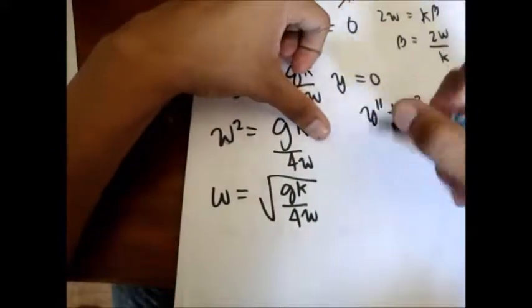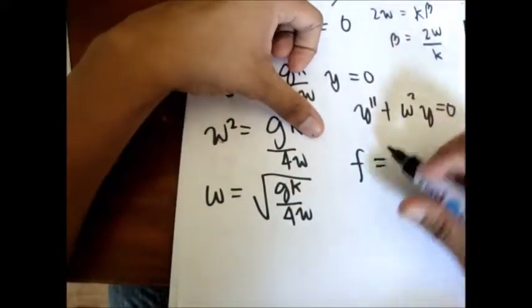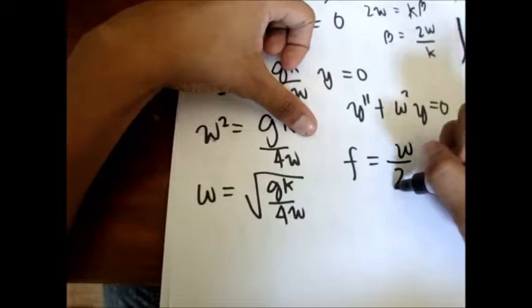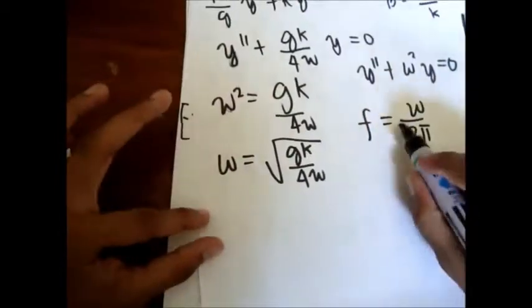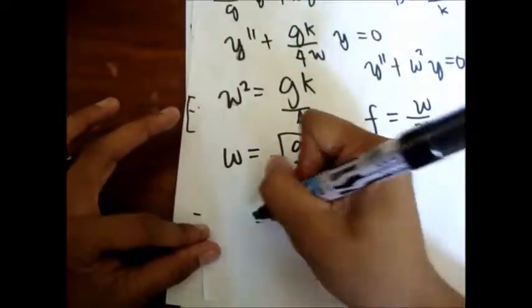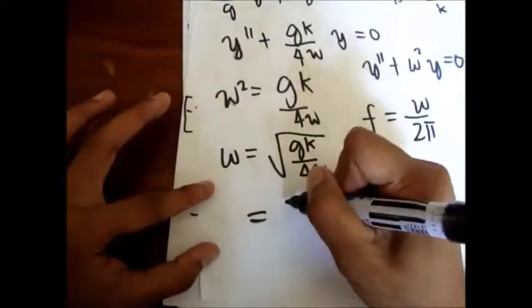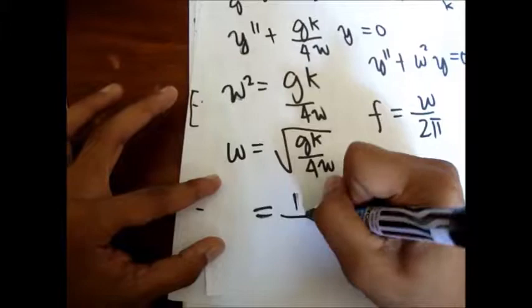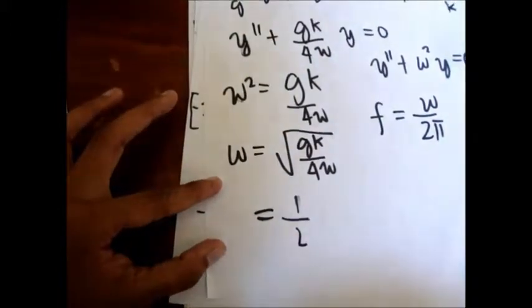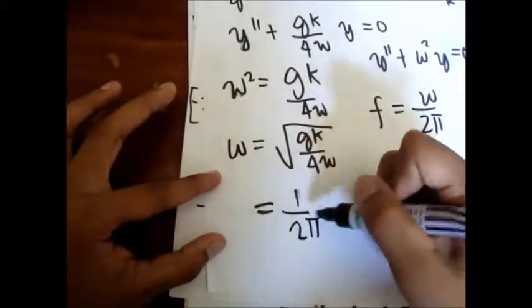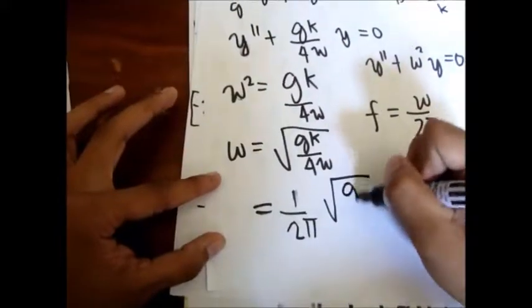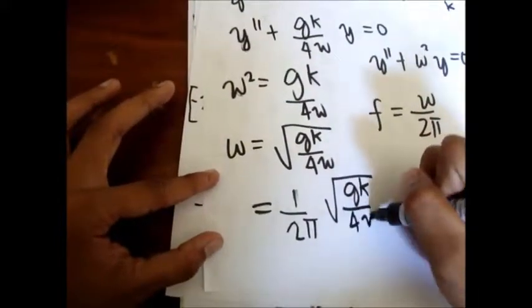Recall that our frequency is omega over 2 pi, so we'll substitute this value. So our omega now is this: 1 half pi times square root of gk over 4w.